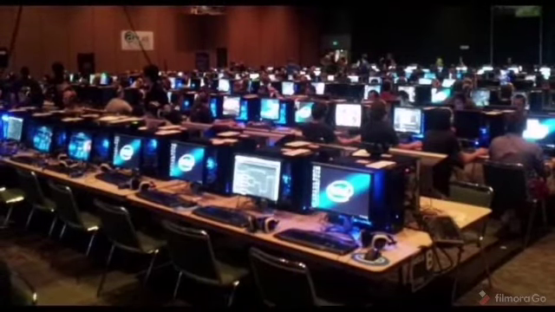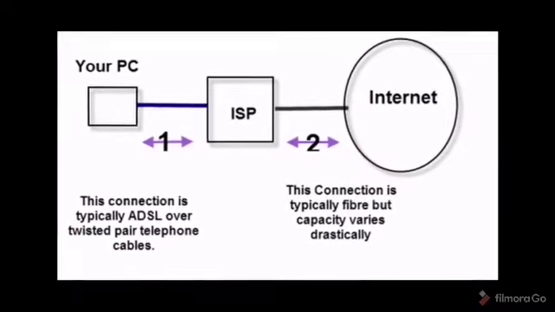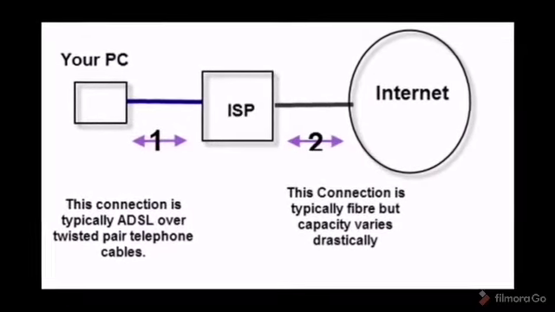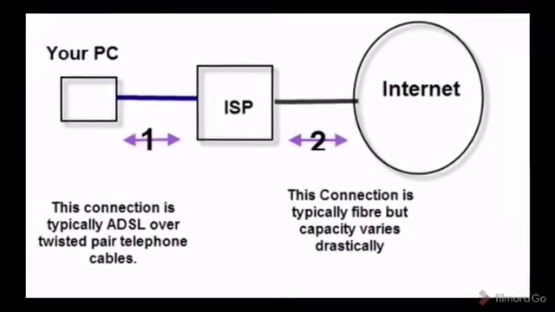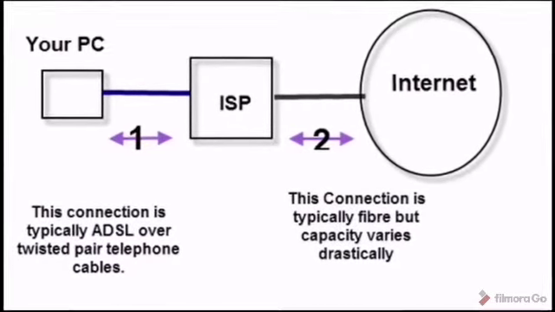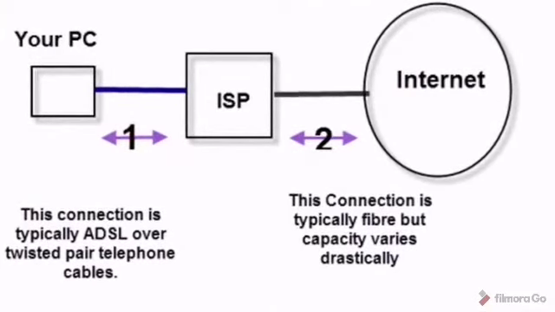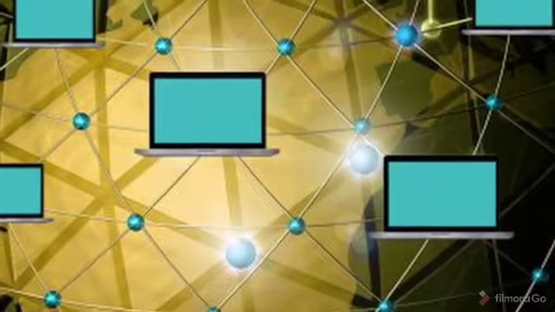Public IP addresses, on the other hand, are used outside of your network and are assigned by your ISP, that is your Internet Service Provider. It's the main address that your house or business network uses to communicate with the rest of the network devices around the world. That is what we call the internet.